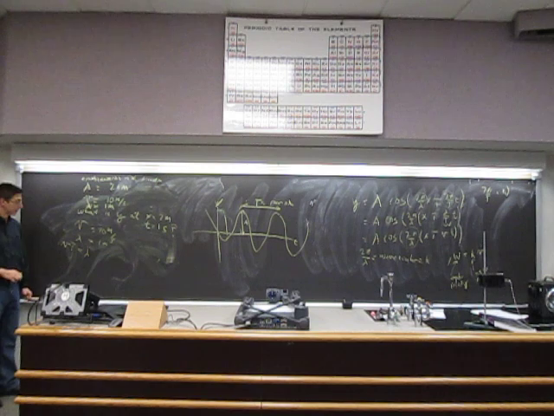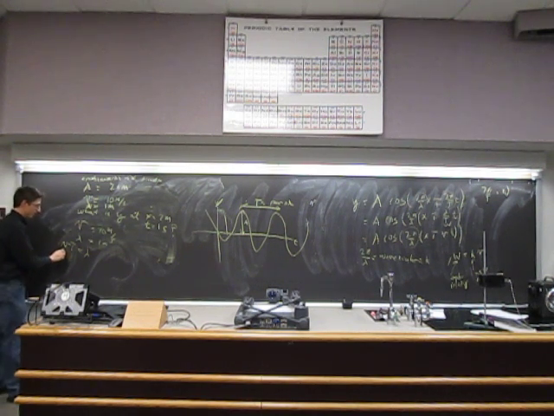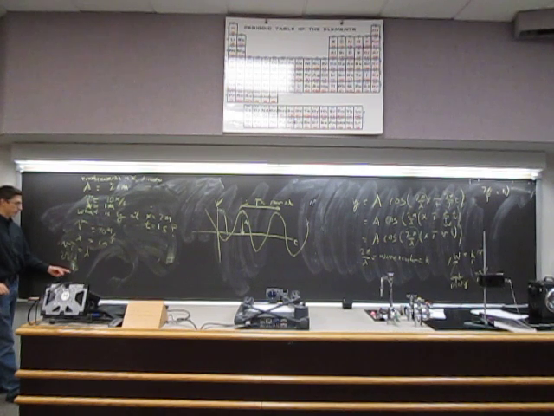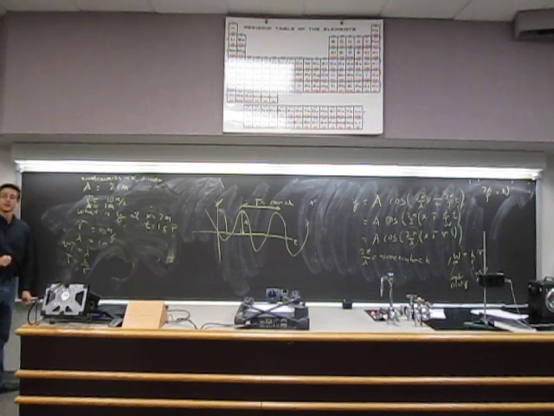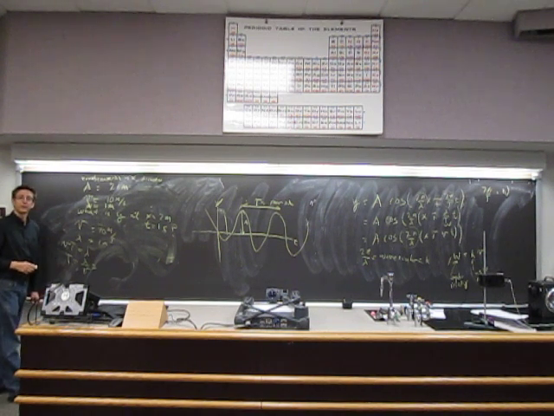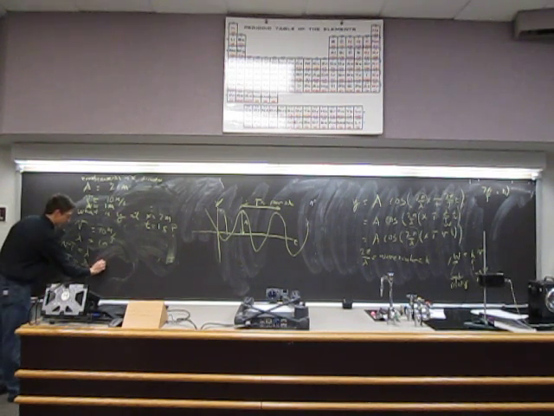So that means that V is the wavelength over the period. Or let's just solve for this. T is wavelength over V. And so this would be 1/10 of a second, right? 1 meter over 10 meters per second.